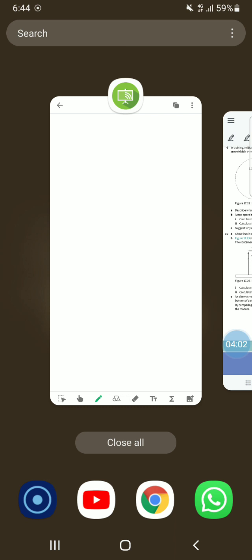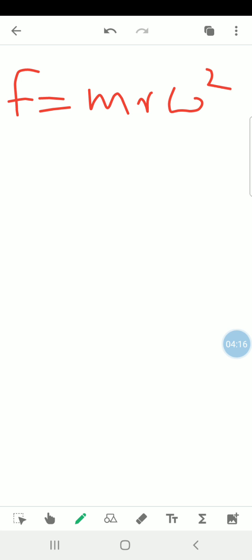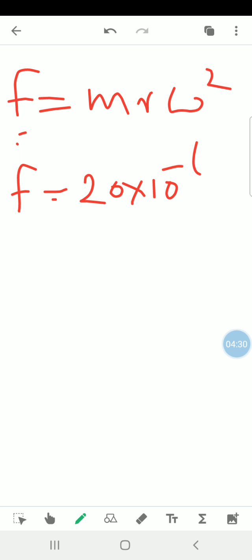So let's do that. The equation is F equals m r omega squared. They have given the mass, they have given the radius, and we found omega. In this situation, F stands for the centripetal force, which is what we are trying to find. Mass is 20 into 10 to the power minus 6.